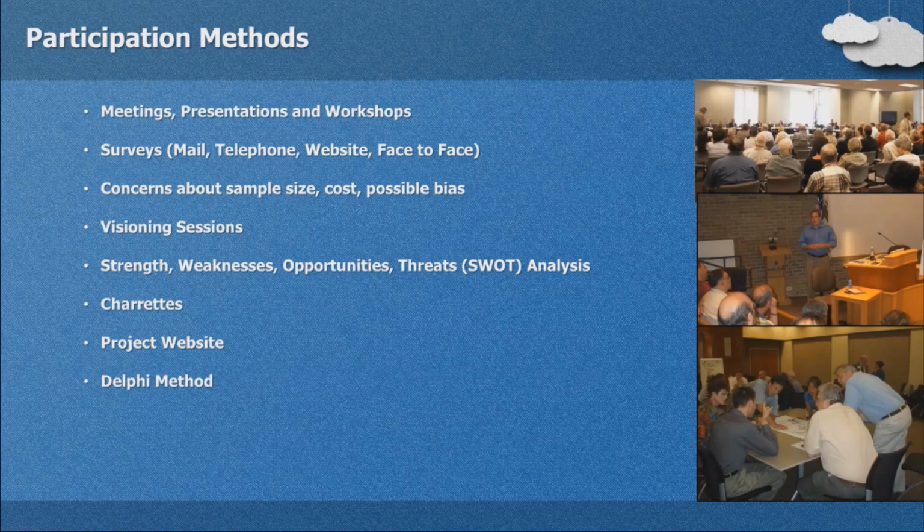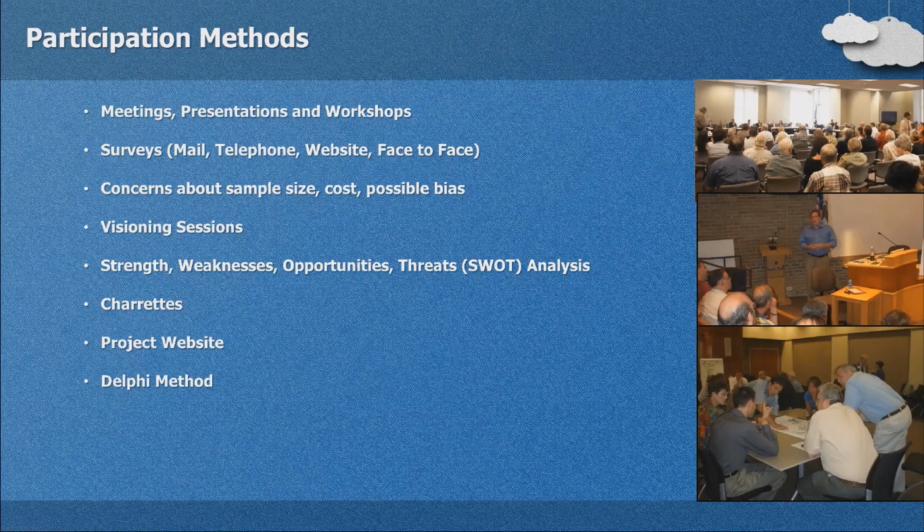The participation methods, I mentioned the surveys before, but you'll need to know what's the best approach to involve a community in some type of planning process. They might tell you a specific demographic you're trying to hold a meeting with: meetings, presentations, and workshops, any concerns about sample size, again, cost, the biases.